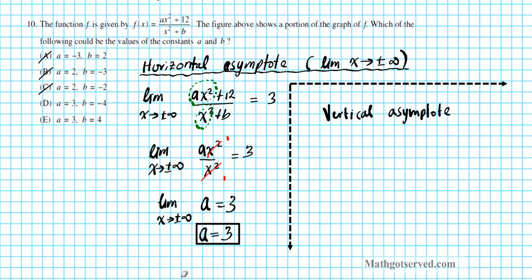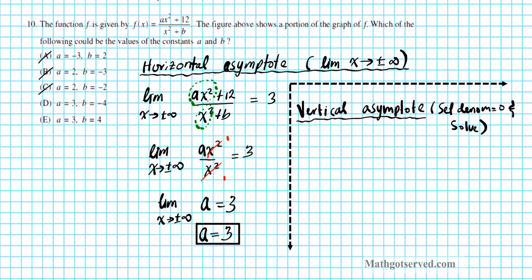Let's write that down. Procedure for finding the vertical asymptote: we set the denominator to 0 and solve. That's how you find the vertical asymptote.